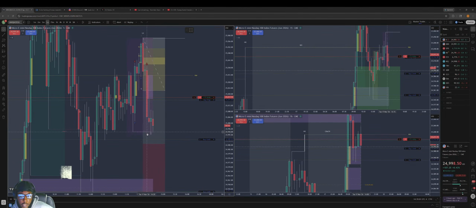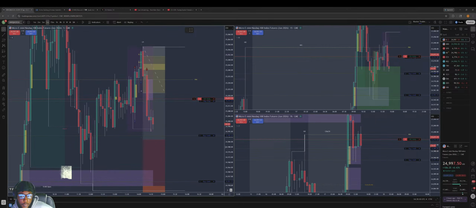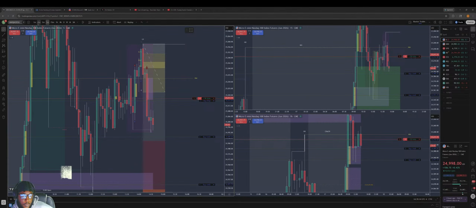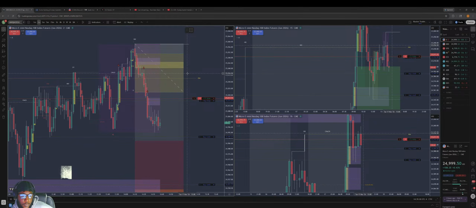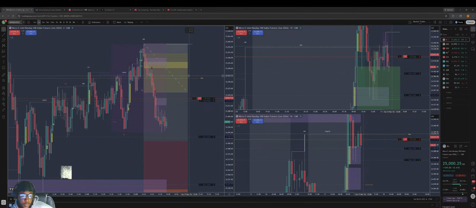We're waiting to see if these sellers can overpower these buyers at this level, so we can get that move lower. I'll move my stop loss to right there.